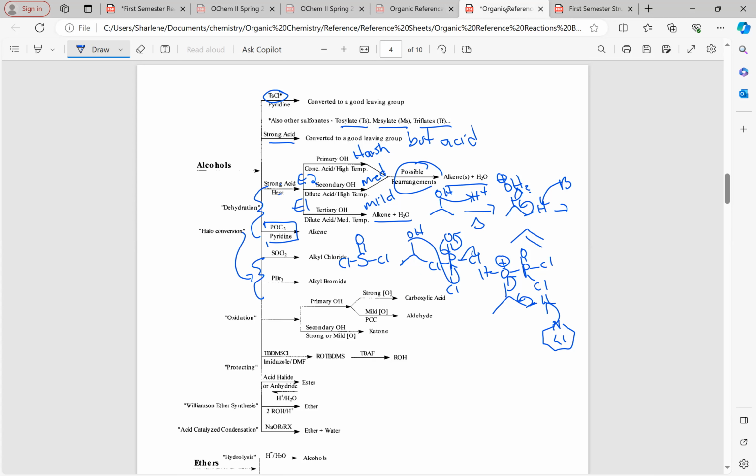And if you want it to go back to a bromine, PBr3. So over here, oh look, those lone pairs just can't resist that polar pi bond. Hey, there's somebody you can kick out. What are you doing? There's your good leaving group.